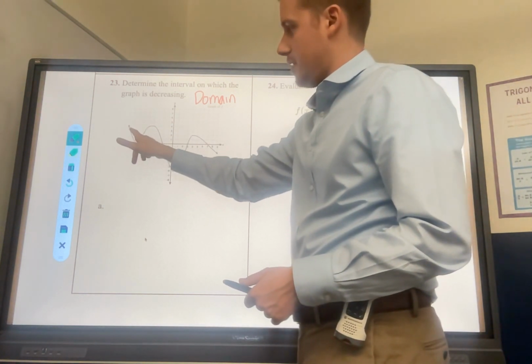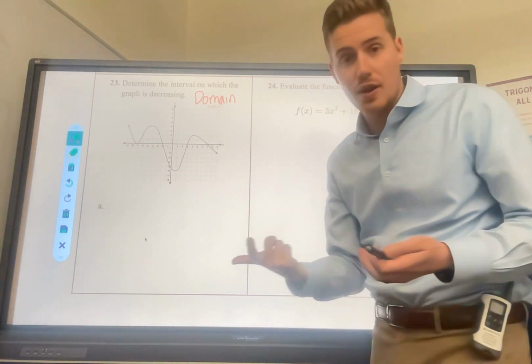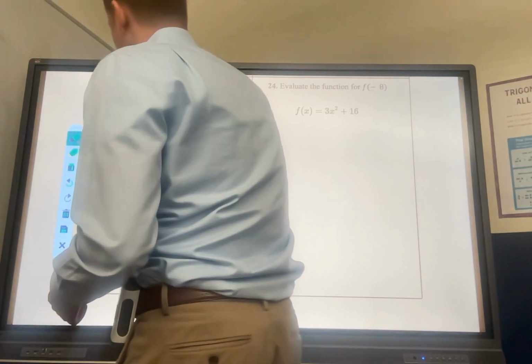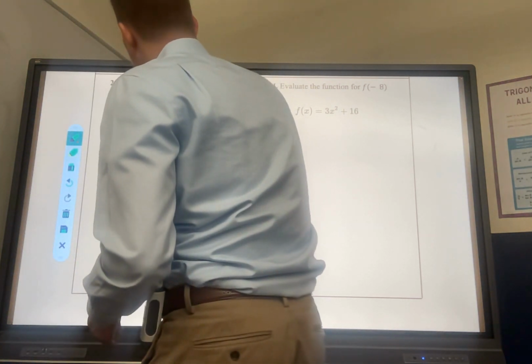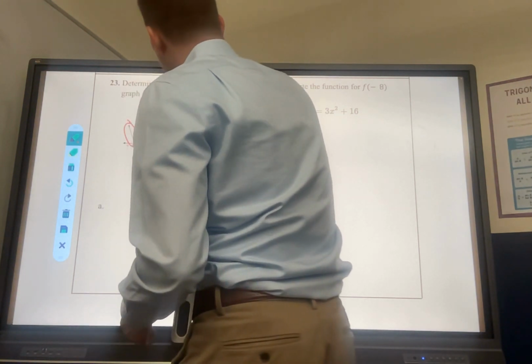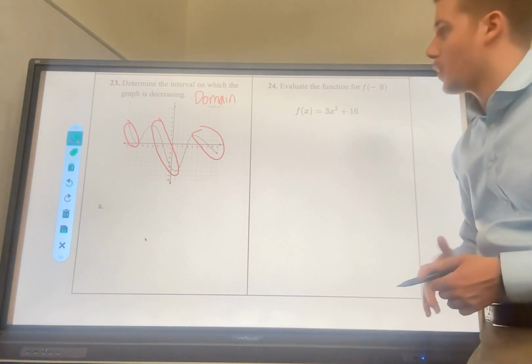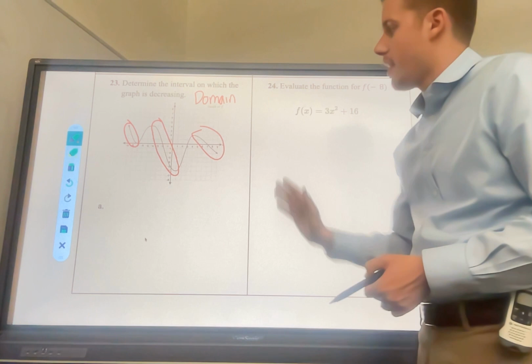So as I move left to right, this is an area of decrease, this is an area of decrease, and this is an area of decrease. So let me highlight those areas for you. All right, cool. I've highlighted the 3 areas of graph where those are intervals of decrease, where we're moving down as I move left to right.